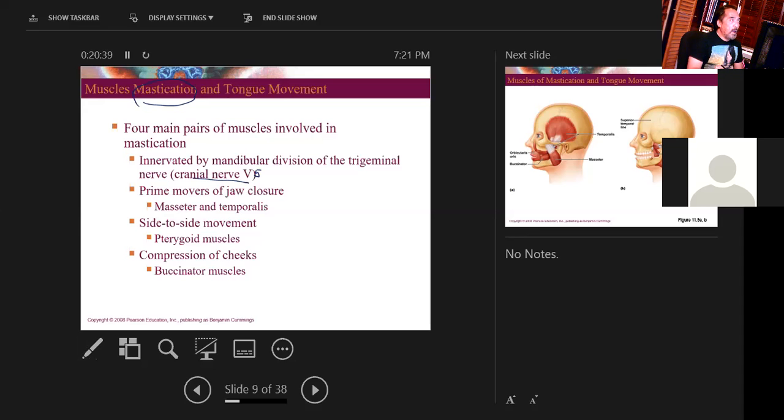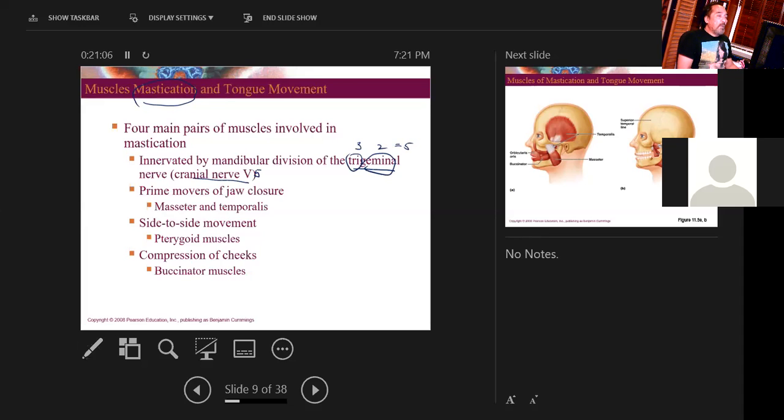Remember there's a 5 in gum. So if you know there's a 5 in gum, then that's going to be cranial nerve 5 for the muscles of mastication. We're chewing. You're going to chew on a gum. And also the word trigeminal. 3 twins equals 5. Trigeminal.